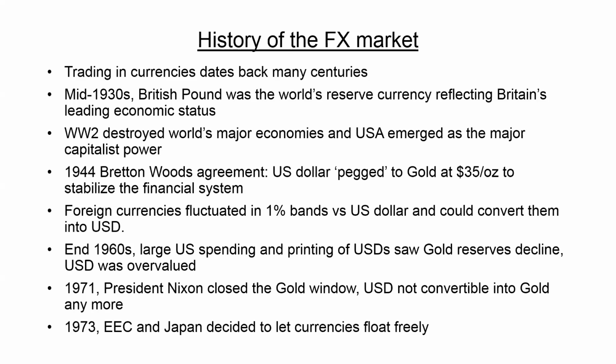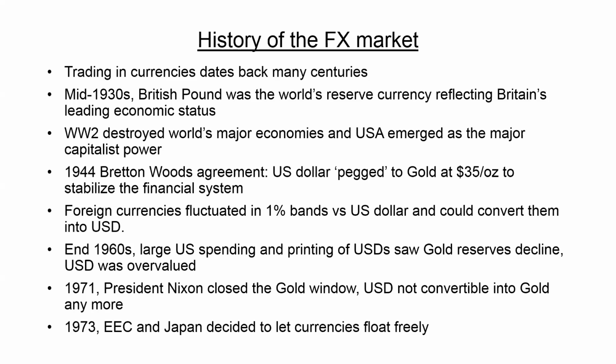So that led to a lot of pressure to devalue the price of the dollar against gold. So large outflows of gold were occurring from the US. And in 1971, President Richard Nixon decided to close the gold window to stem this outflow. So now the dollar was no longer convertible into gold.